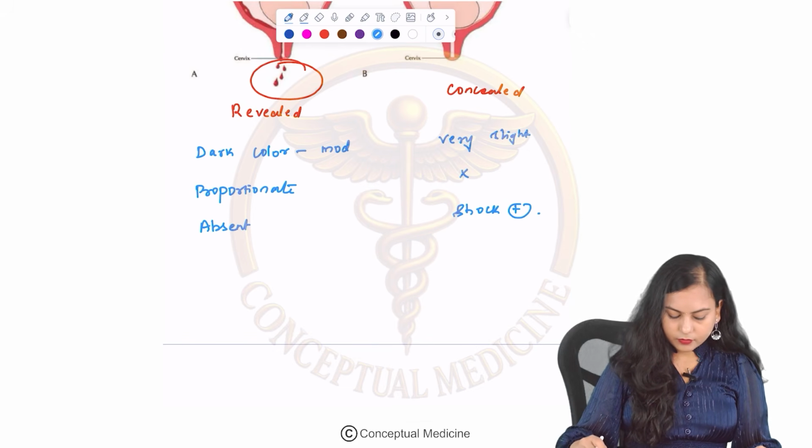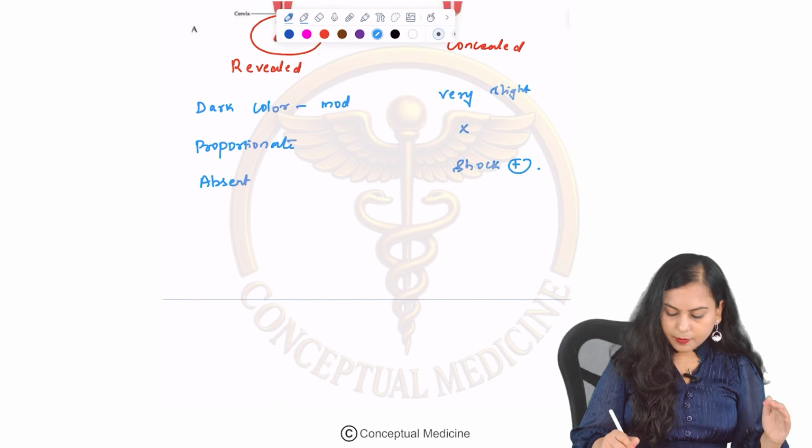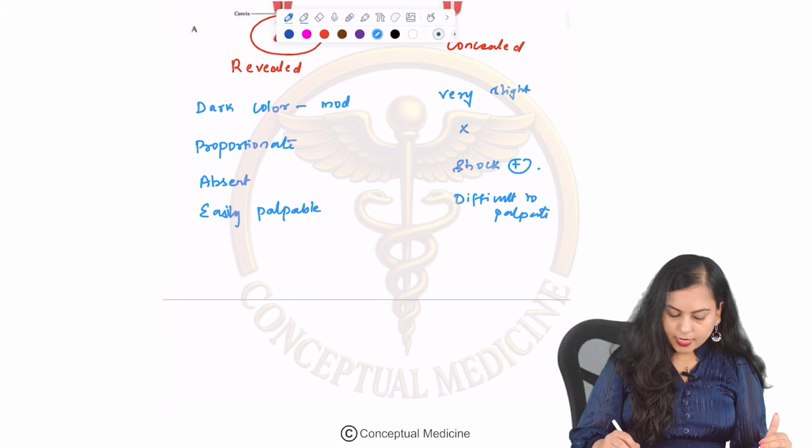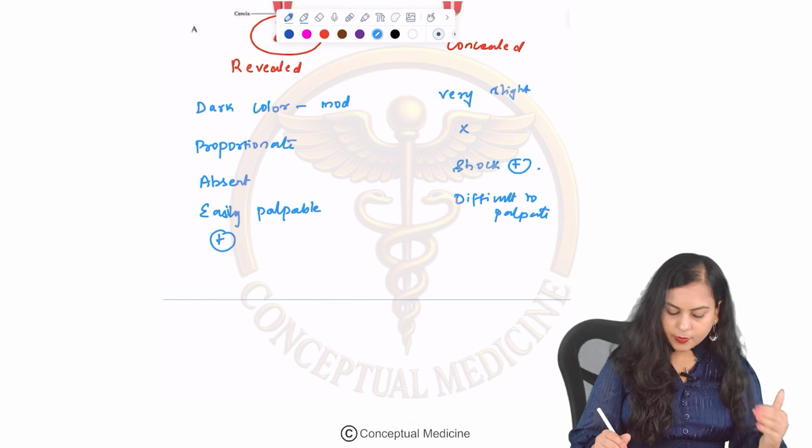Yes. And fetal parts can be easily palpable in case of revealed hemorrhage, whereas it will be difficult to palpate here. Okay, and fetal heart sounds are usually present here.